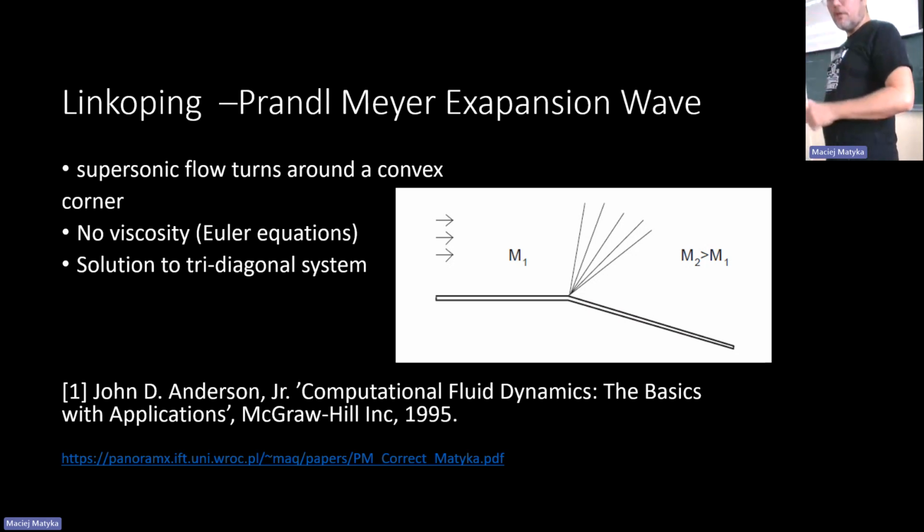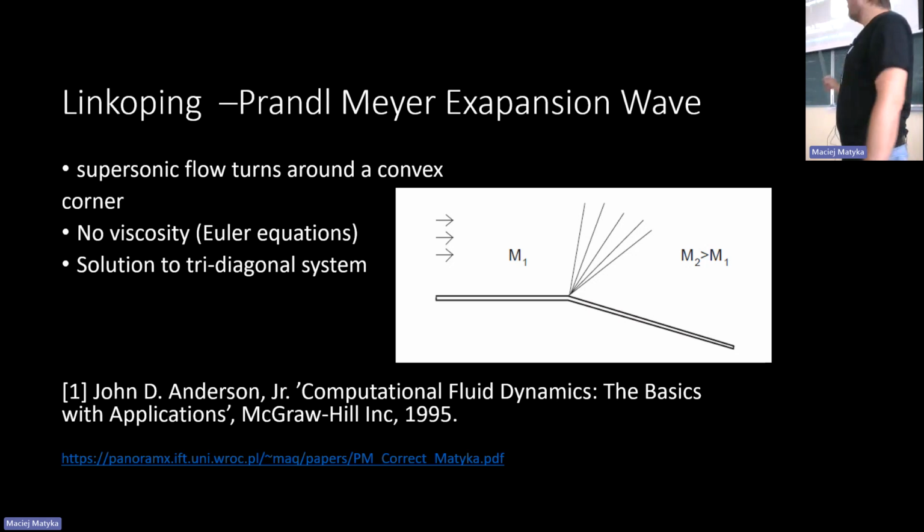Now, the more heavy stuff with the physical part, because I'm not that much into compressible flows, but the situation is like that. This is the second problem I was given.